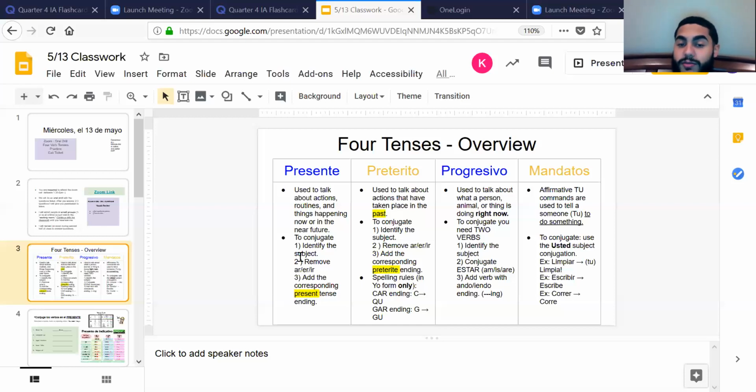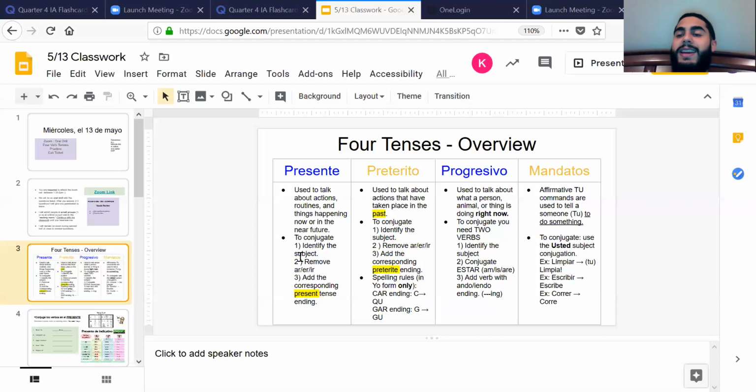Spelling rules. Do not forget, these occur only in the yo form, right? For verbs that end in CAR, like sacar, you need to replace the C with a QU. Again, this only happens in the yo form, right?